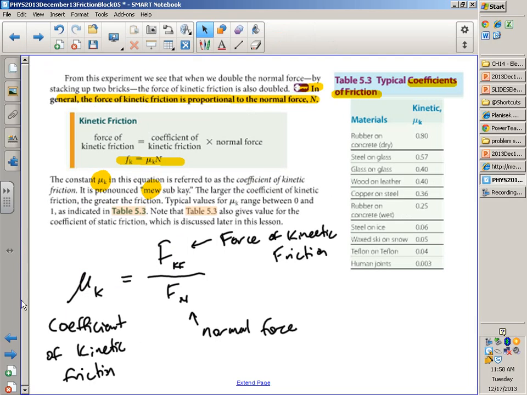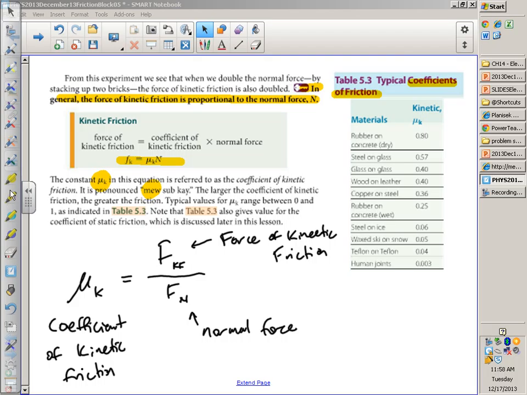And that relationship is summarized by this term, which we called the coefficient of kinetic friction. The coefficient of kinetic friction relates how much frictional force an object actually feels in a situation based on the normal force.